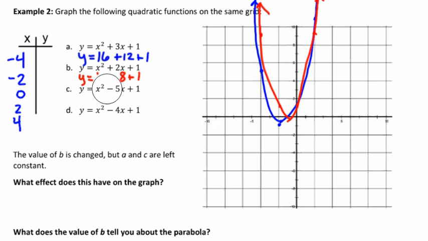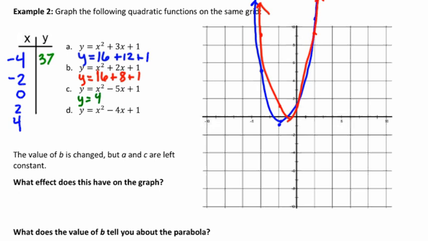Keep our x values again. Okay, so our third one, C. Y equals x squared minus 5x plus 1. So y equals -4 squared is 16 minus 5 times -4 is plus 20 plus 1. So we have 16 plus 21 is 37. -2 squared is 4.